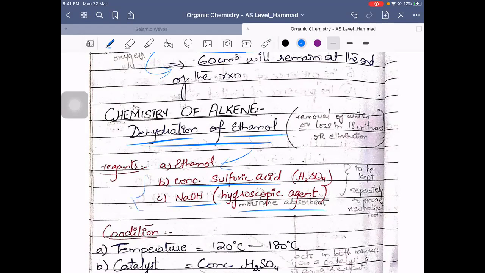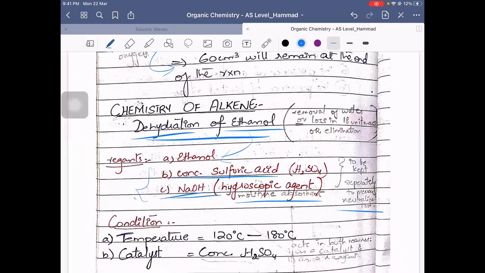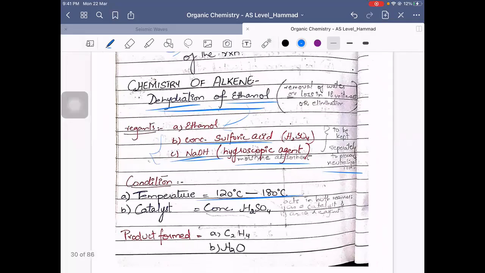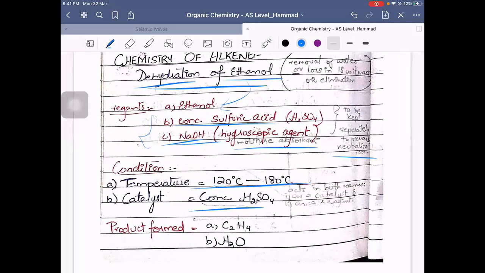By the way, concentrated sulfuric acid and NaOH are kept separately so that they do not neutralize together, they do not react together. Conditions for this reaction require a temperature of 170 to 180 degrees Celsius, anywhere in between. The catalyst should be concentrated H2SO4. The products formed are ethene and water.